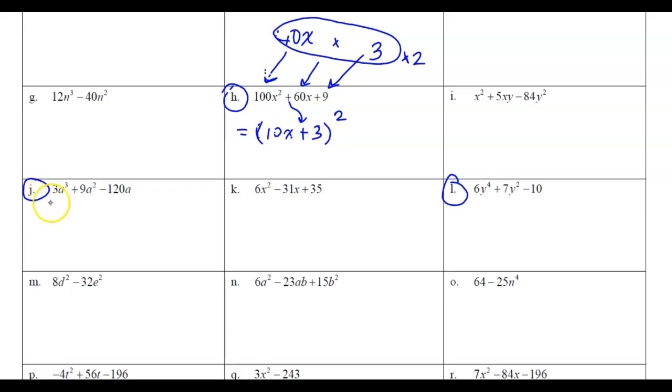Okay, J, can't factor it the way it is. What's common though? What's a common factor for all the 3 terms? Pardon? 3a, good. Yep, so we're going to factor out 3a, and we're left with a squared plus 3a minus 40.